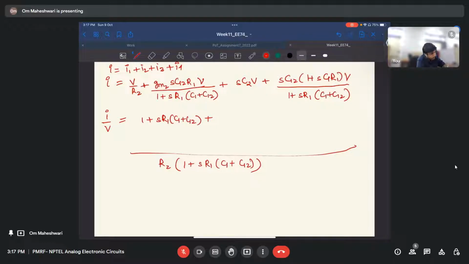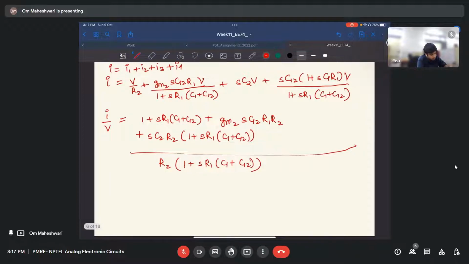Then here it is GM2 SC12 R1 into R2. Then this is SC2 R2 times (1 plus SR1 C1 plus C12), plus the last term SC12 times R2 (1 plus SC1 R1).